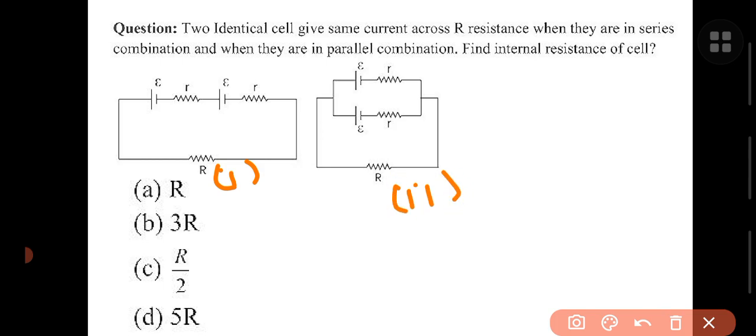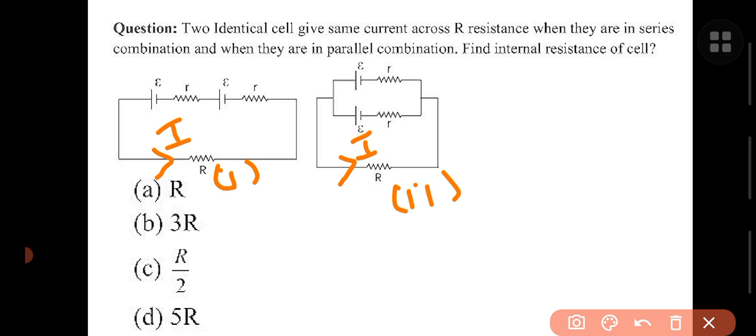Now the current flowing through circuit number 1, that is the current flowing through R, is I, let us assume, and the same current I is flowing through R in circuit number 2.